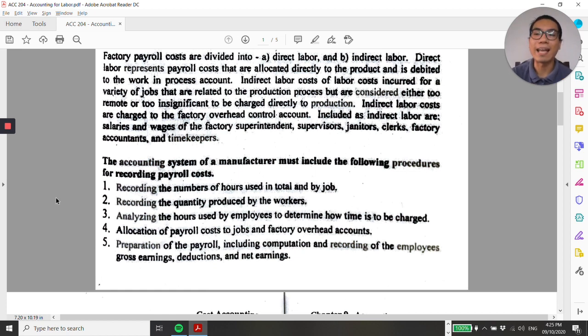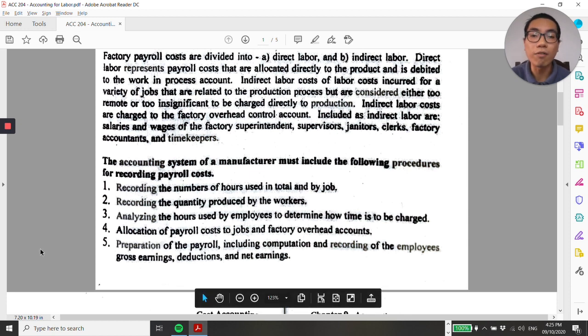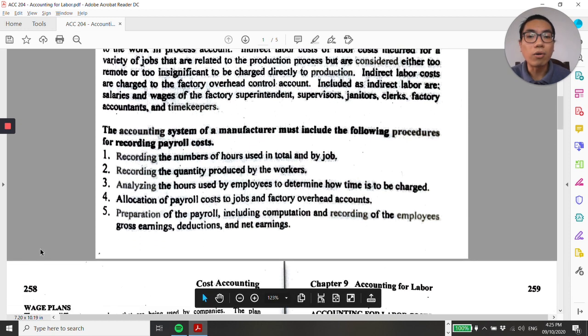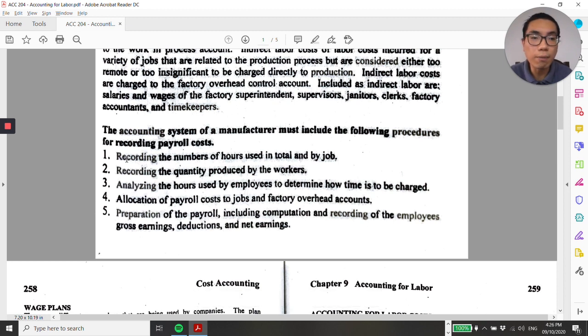For this particular textbook of De Leon, the first step is usually applicable to the manual accounting system setup. That is the recording of the number of hours used in total and by job. That's usually the first procedure in identifying how to account for labor costs.